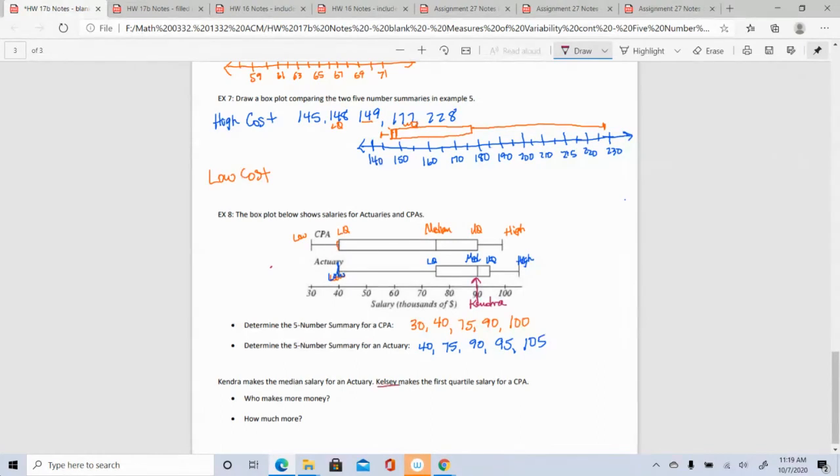And Kelsey makes the first quartile salary for the CPA. First quartile is the same as the lower quartile. So I might need to write that down. First quartile, same thing as lower quartile.